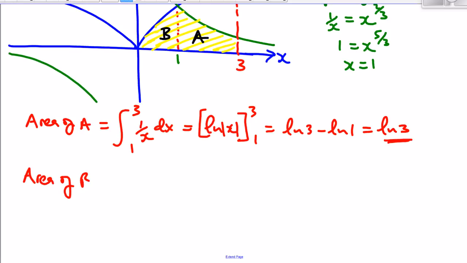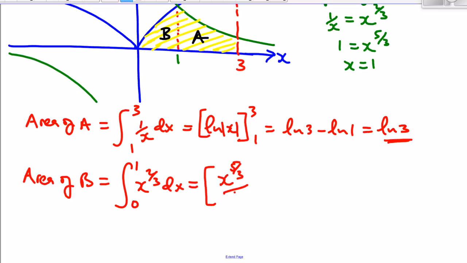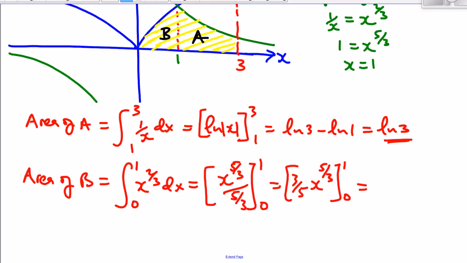Area of B will be the integral from 0 to 1 of x to the power 2 over 3 dx, which will be x to the power 5 over 3 over 5 over 3, from 0 to 1, which will be 3 over 5 x to the power 5 over 3, from 0 to 1, and that will just be 3 over 5.